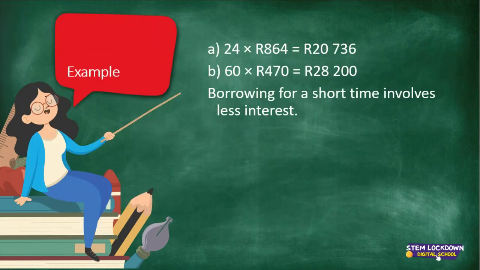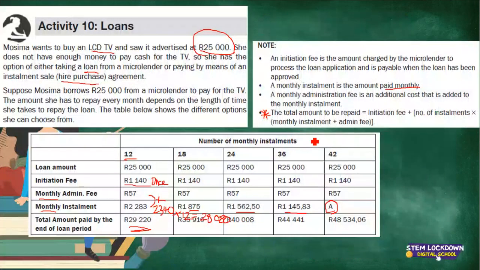Now the missing value A, in this case, represents the monthly installment. There's the monthly installment. So this is A. Then the administrative fee.